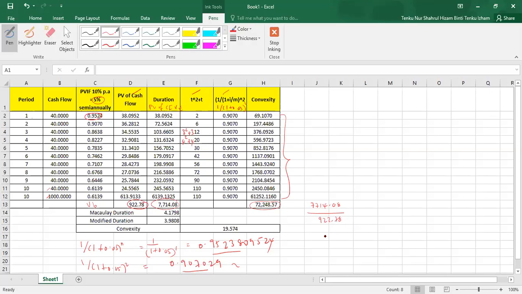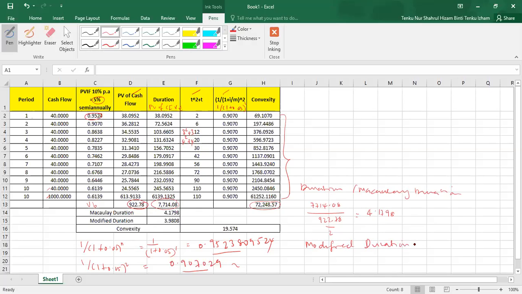Therefore, you divide by 2, you get 4.1798. So this is called the duration, or another name we call Macaulay duration.